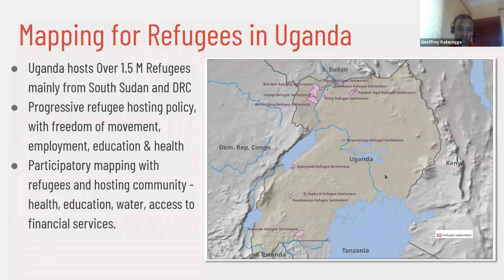This is a big number of people coming in, and Uganda has a progressive refugee hosting policy. Refugees are allowed free movement. They can get employment, and they can access education and health facilities.